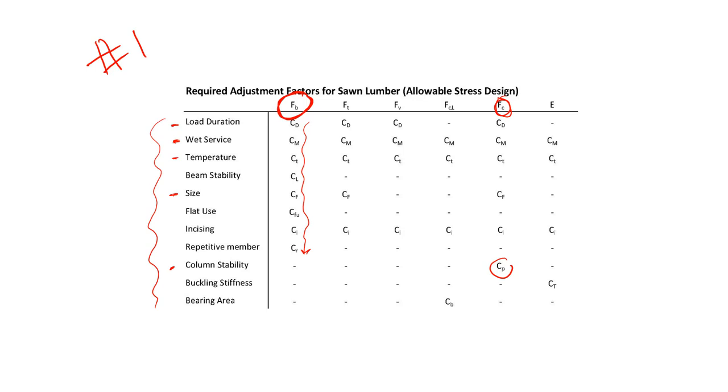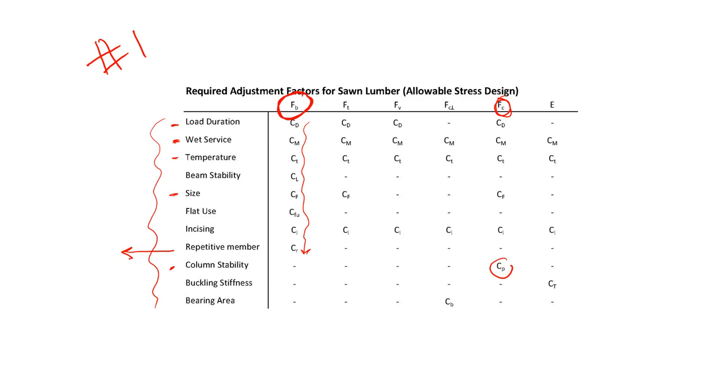I do want to quickly note repetitive member. It's kind of an interesting one. Repetitive member is a particular adjustment that exists for horizontal members. So we're talking about rafters or joists, something that's supporting a deck or a roof. And what this particular factor does is allows for an increase if you get enough of these members close enough together. There's kind of a Sunday school lesson in that.